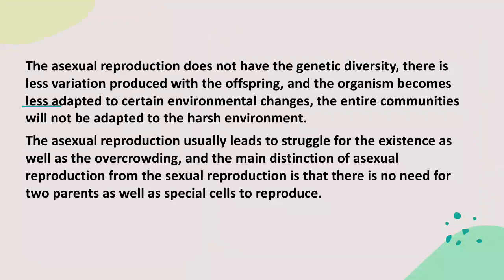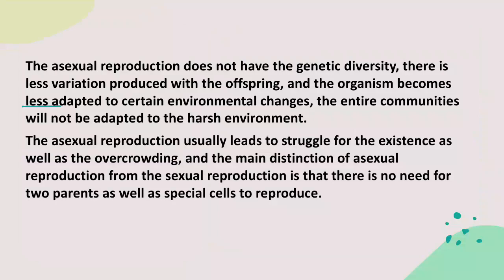Asexual reproduction does not have genetic diversity. There is less variation produced in the offspring and the organism becomes less adapted to certain environmental changes. The entire community will not be adapted to a harsh environment.